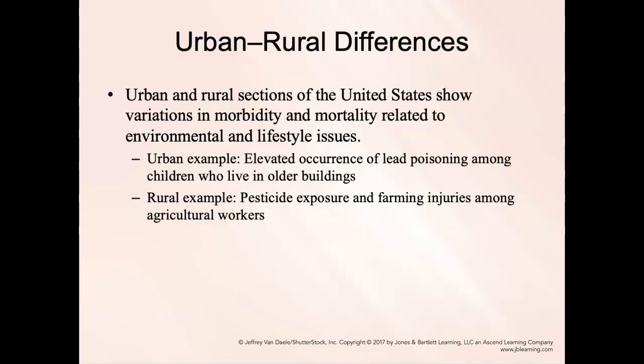Your textbook gives you an example of elevated lead poisoning occurrences among children who live in older buildings. This might affect urban areas much more so than rural areas, but rural areas might be more likely to get exposed to pesticides and might be more likely to have things like farming injuries among agricultural workers.